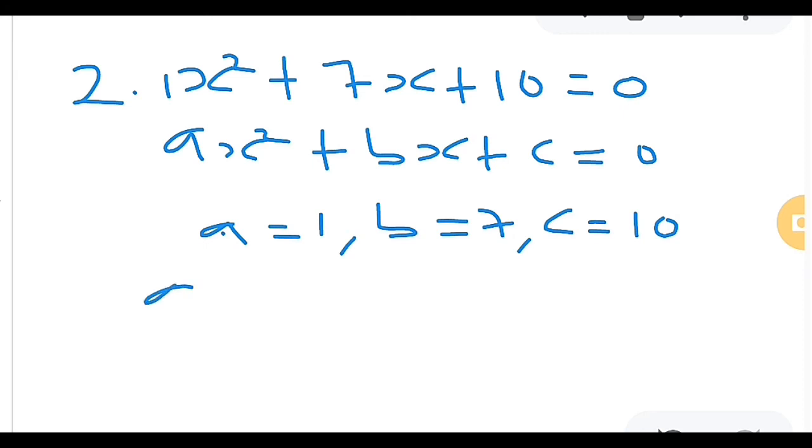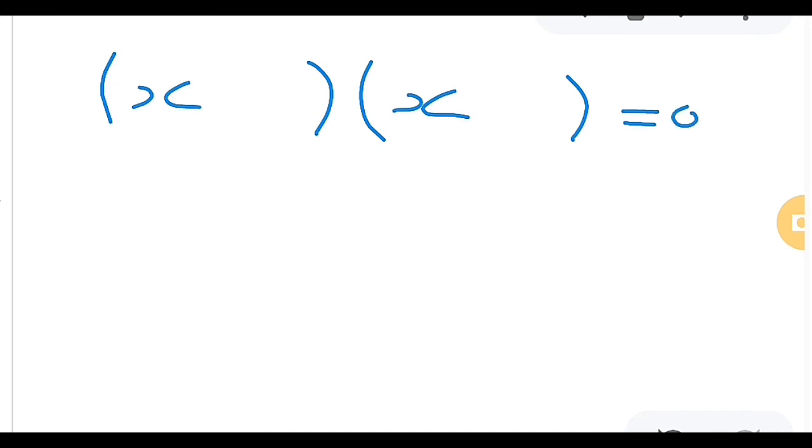So when we multiply a with c, we get 10. Look for the factors of 10 that give us b, that is 7. Meanwhile, you must first create 2 brackets, x, and then x, then equals 0.